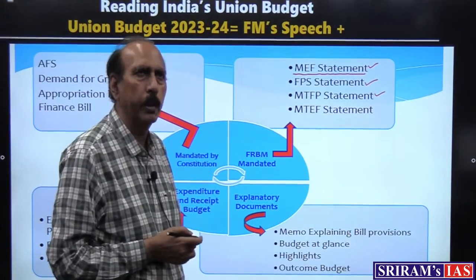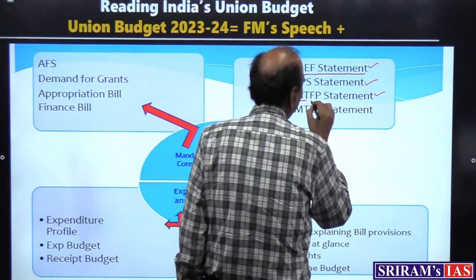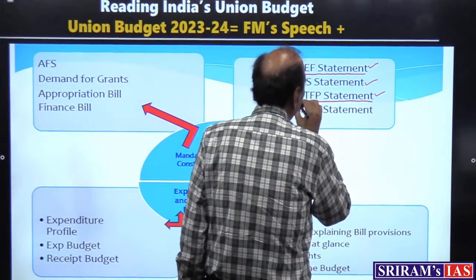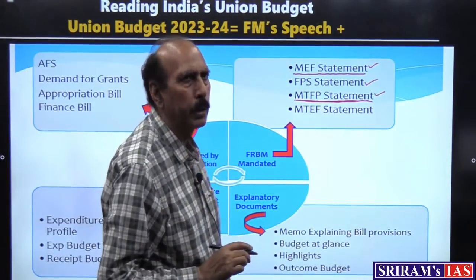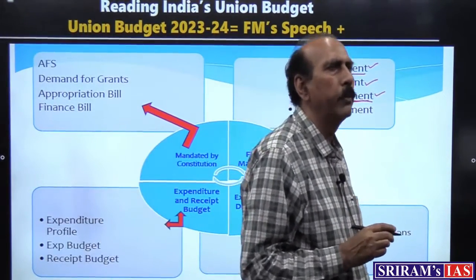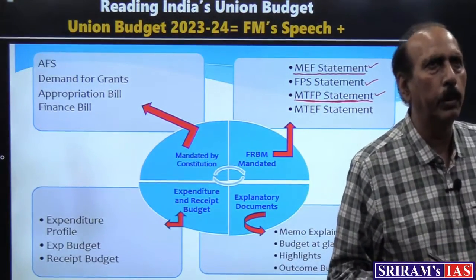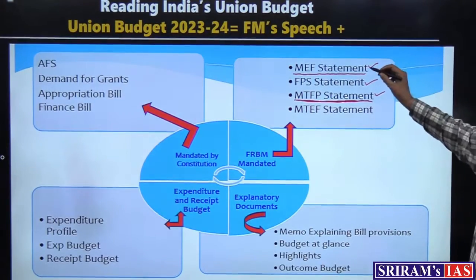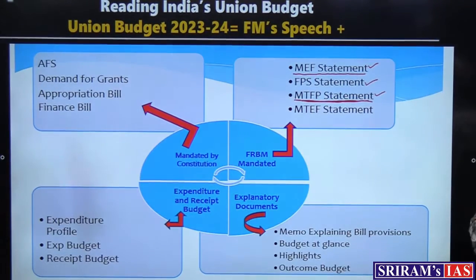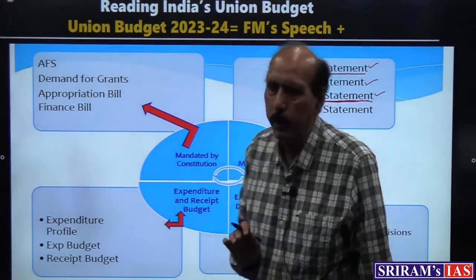The second important document is the medium-term fiscal policy statement. This statement gives very, very important information. So as a student of economics, or those who are preparing for CSE, they have to look at these two statements, certainly: the macroeconomic framework statement and the medium-term fiscal policy statement.